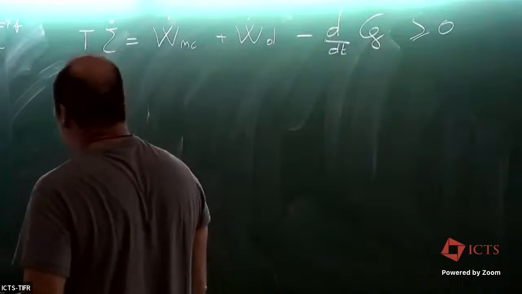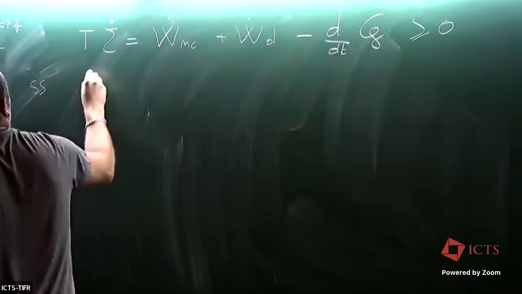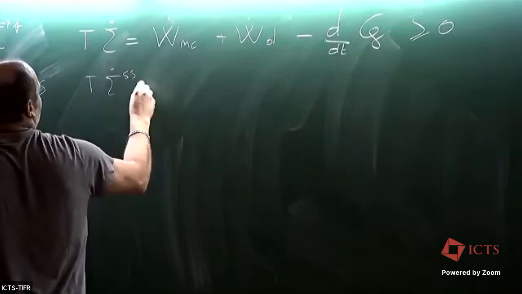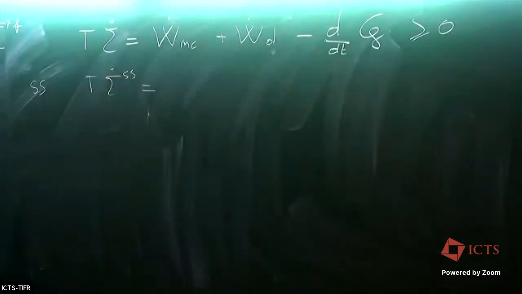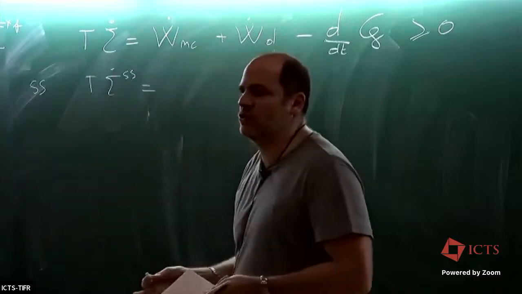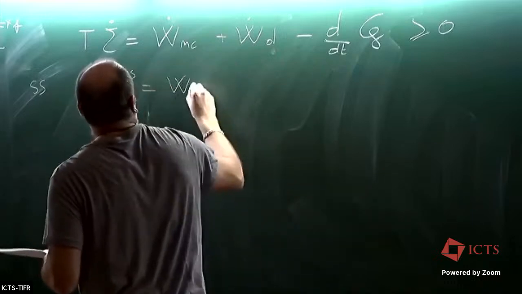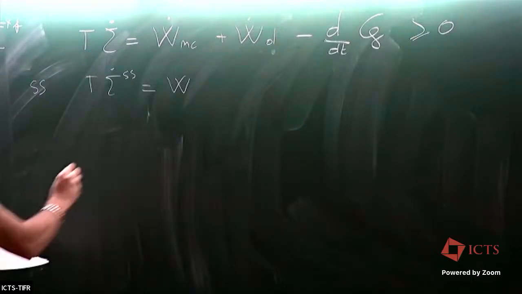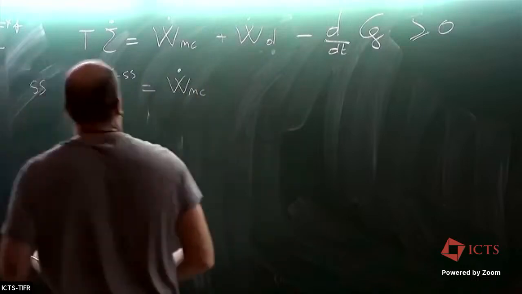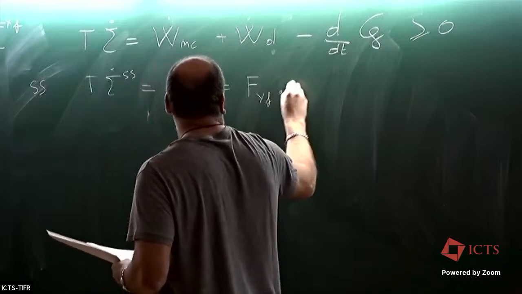So, first remark, at steady state, by definition, we do concentration control. We fix the concentration of the chemostat. So this is going to be 0 because we don't change YP. So this is only the non-conservative work, which is now the product of this force over the YF times the YF.